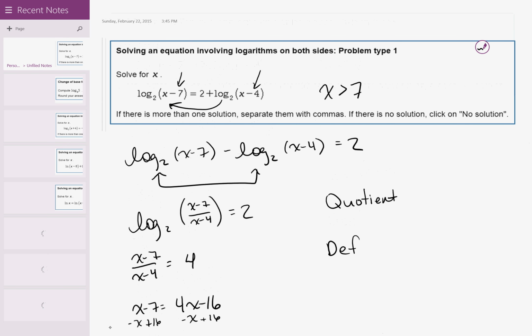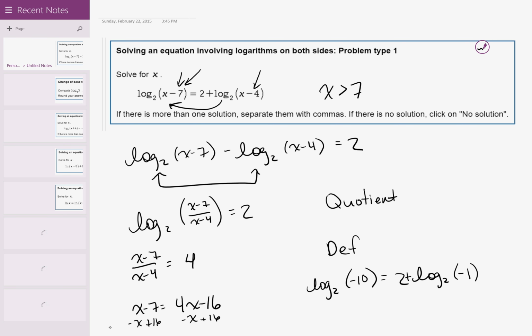So when I come up here, if I put a 3 in there, that's the log base 2 of negative 10, is equal to 2 times the log base 2 of... plus the log base 2 of negative 1.